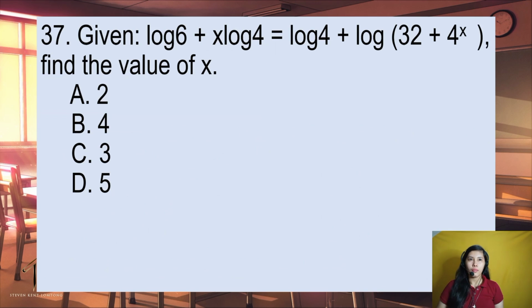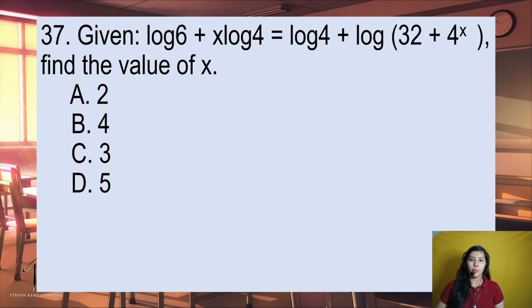Now for this problem, given logarithm of 6 plus x logarithm of 4 is equal to log of 4 plus log of 32 plus 4 raised to x, find the value of x. So we can just use shift solve in solving these, or just substitute the choices, then see which of these will satisfy the given equation, or use the properties of logarithm to solve this problem.